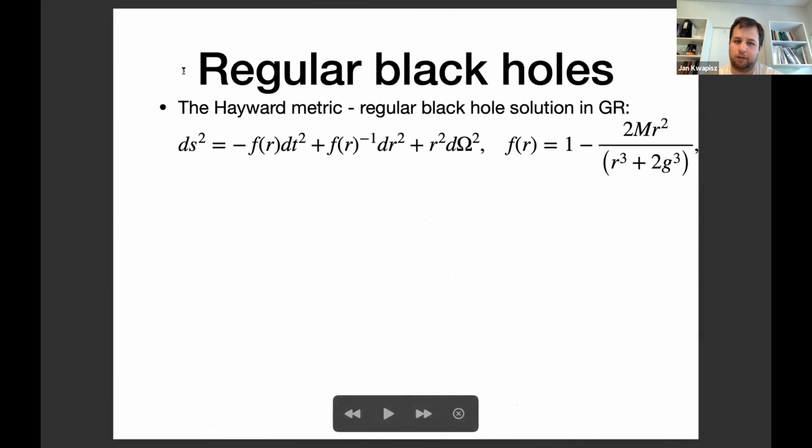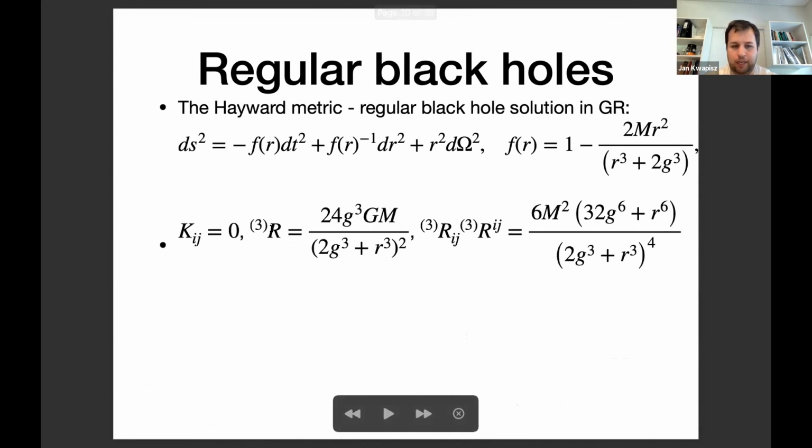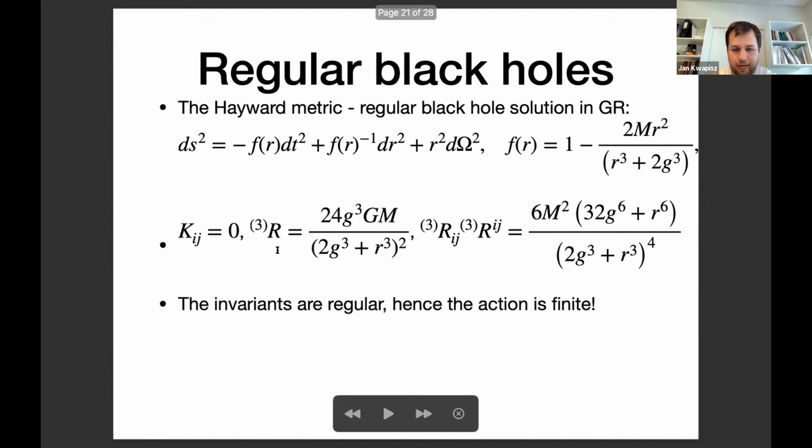Now we come to the regular black holes. In particular, here I will discuss the Hayward metric, which is a regular black hole solution in GR. Let me mention that there are no regular black hole solutions in Horava-Lifshitz found so far, to the best of my knowledge. And now let us repeat the same analysis. We calculate the invariants, and we see that it seems to be okay.